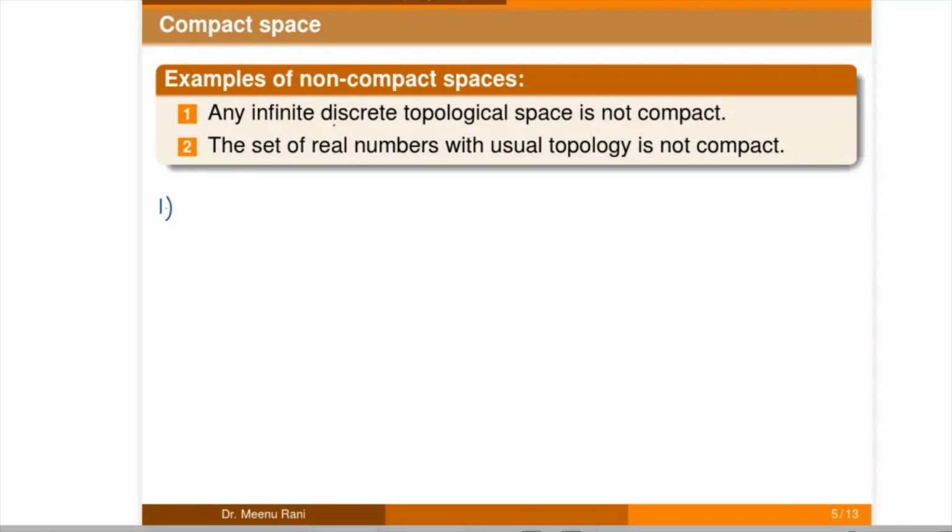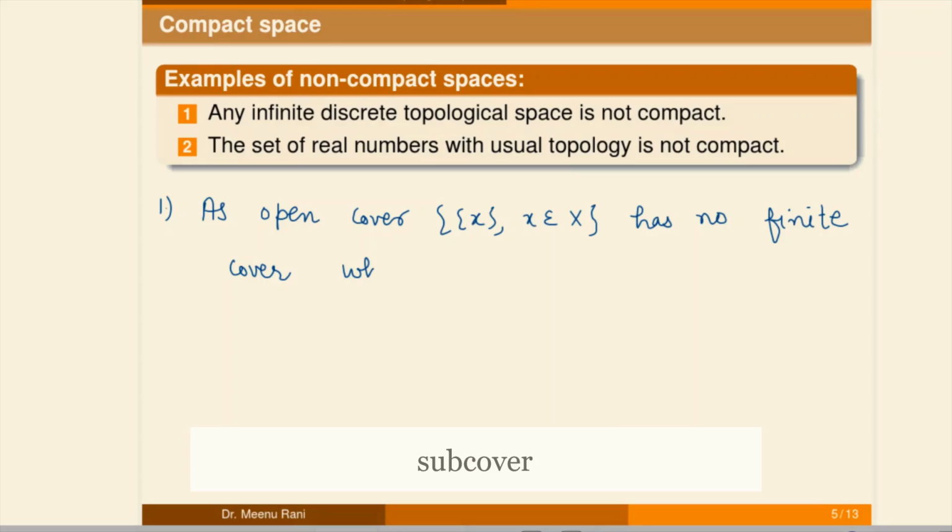So if we take the collection of those singletons as an open cover, so we take the open cover as singletons {x}, where x belongs to X. As X is an infinite set, this is an infinite open cover, but it has no finite subcover which covers X. So we can say that an infinite discrete topological space is not a compact space, and if it is a finite discrete topological space, then it will be a compact space.